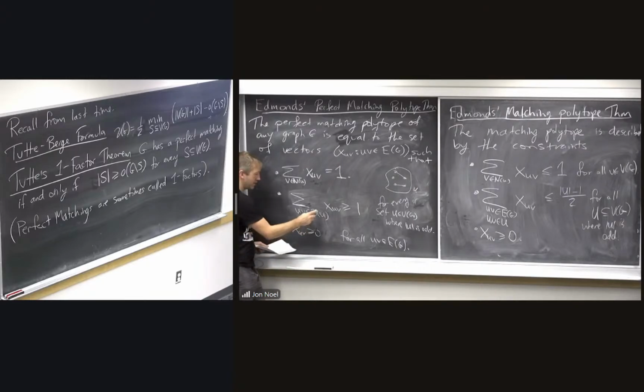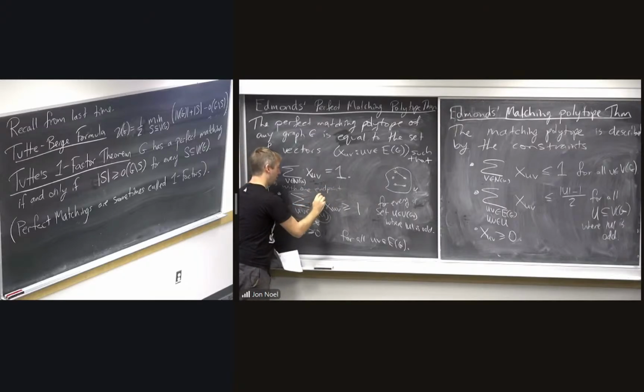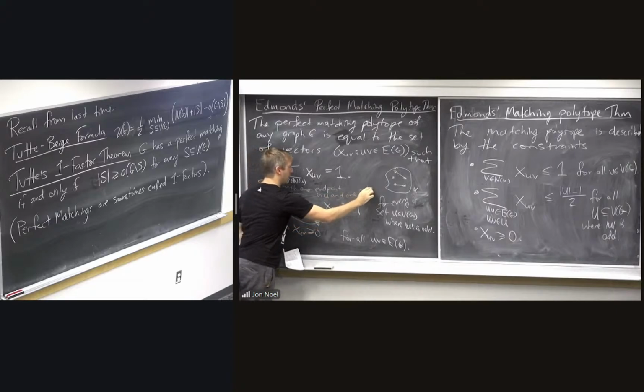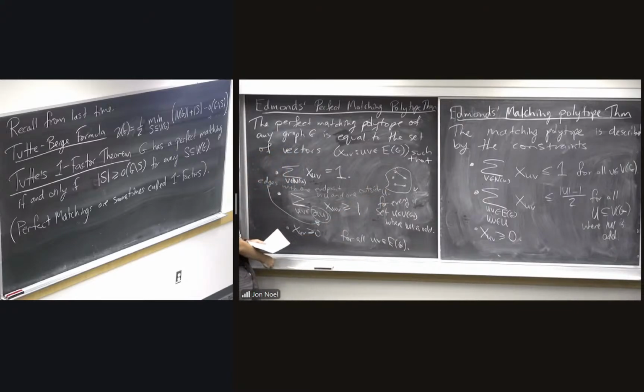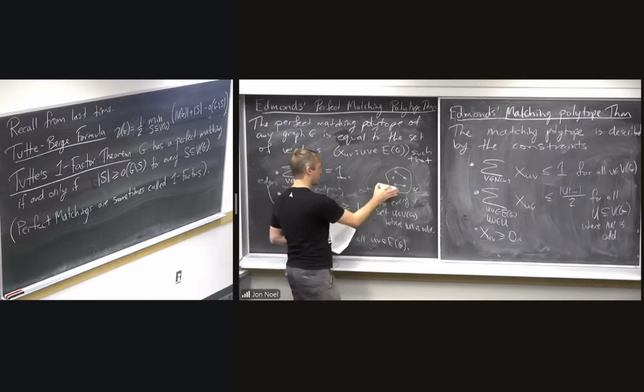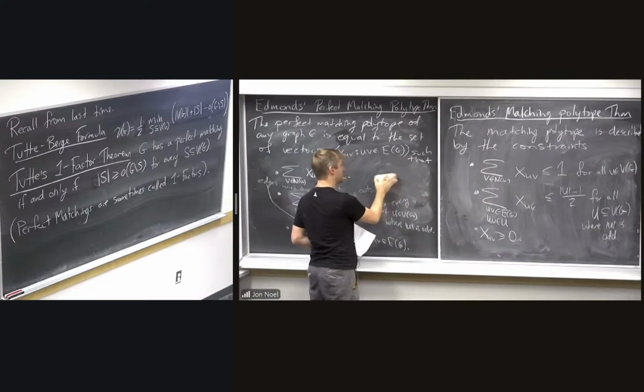So what this means is this is the set of all edges with one endpoint in U and one outside U. So sorry about that. These things are quite similar, but not quite the same.